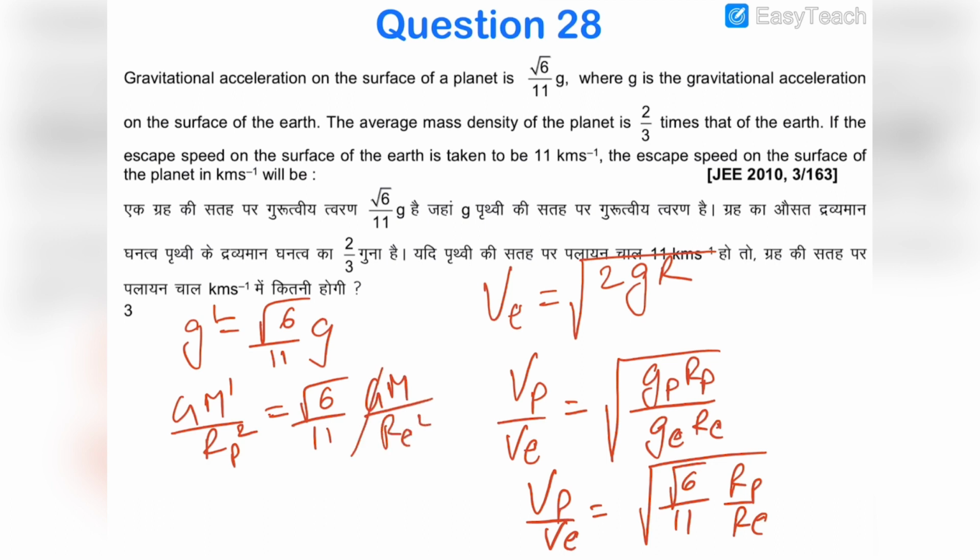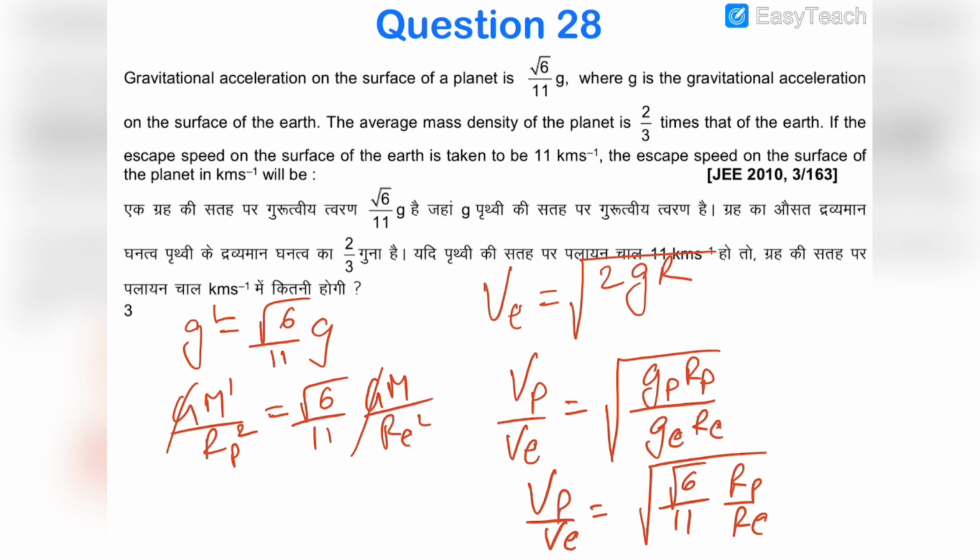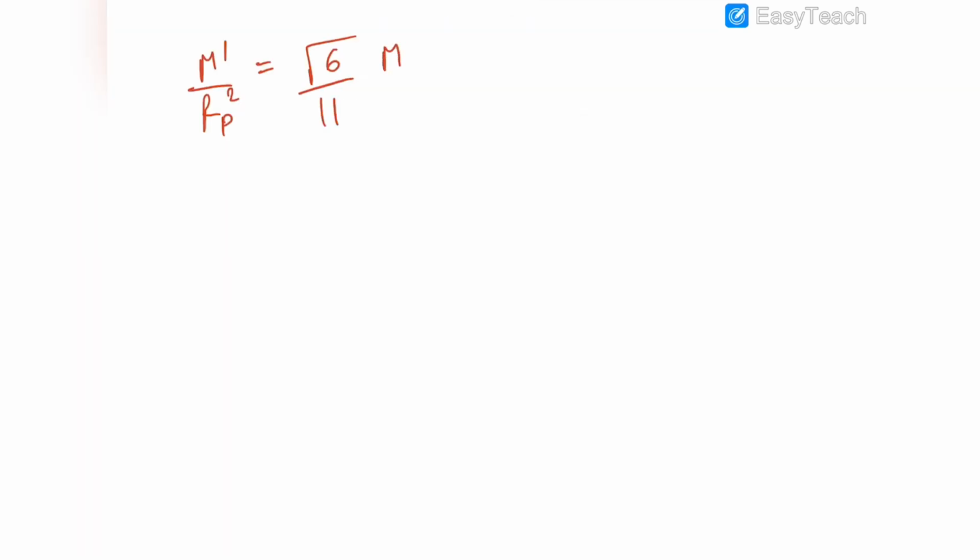Now let us use another page. So m dash upon R planet whole square is equal to under root of 6 by 11 into m by R Earth whole square.